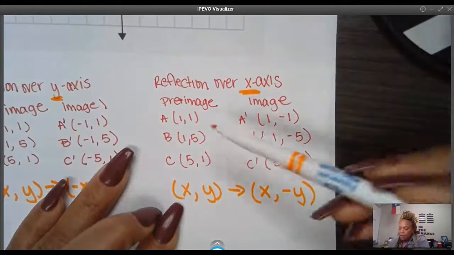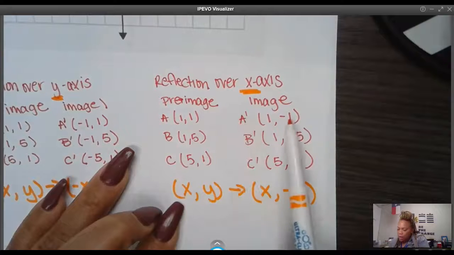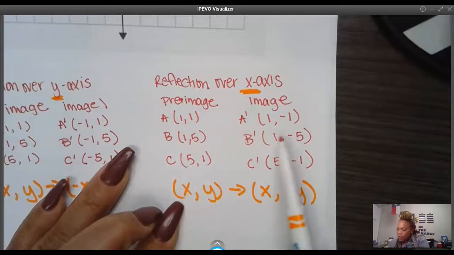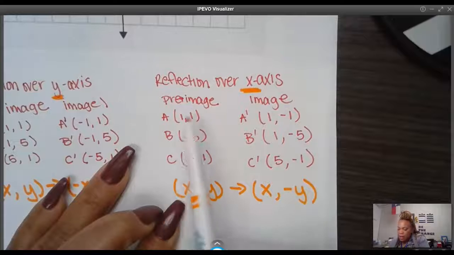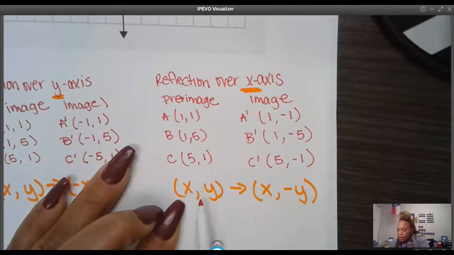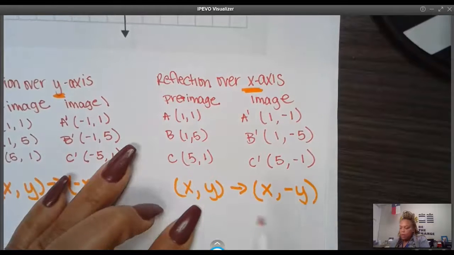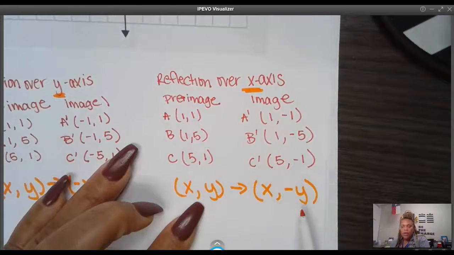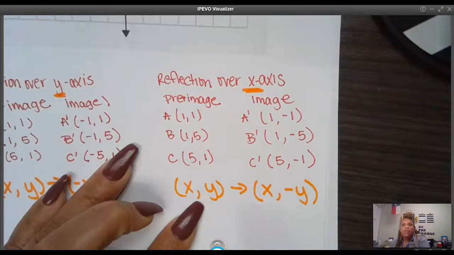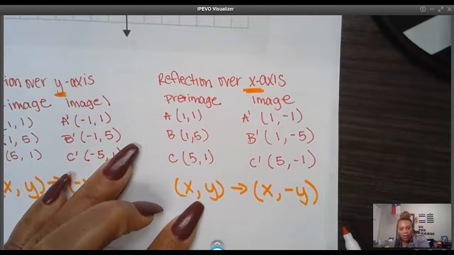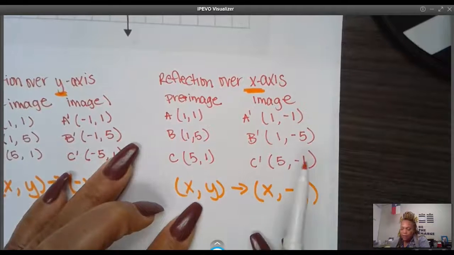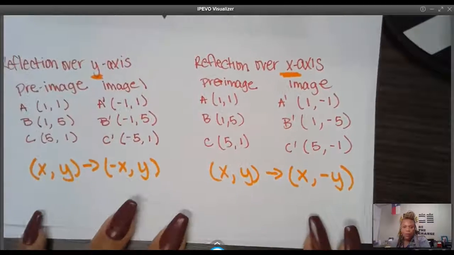It stayed in the same order, but the only difference is that y is negative. So it is the opposite of whatever the y value is. If the y value was negative, the opposite of a negative would now be positive. So it's the opposite of whatever the value is. And that is your rule.